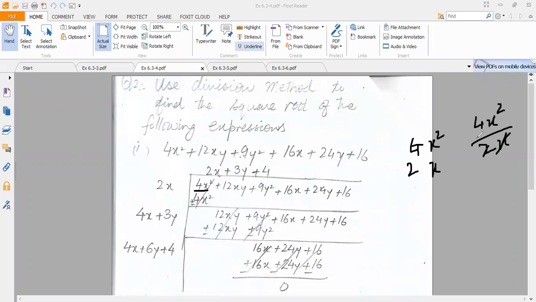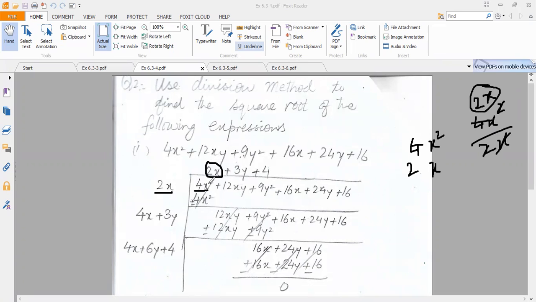This will be cancelled by this 2, and x is with you. Now you take this 2x and place it here outside the bracket. You will say it is a divisor, and as a quotient 2x will come, the same number.